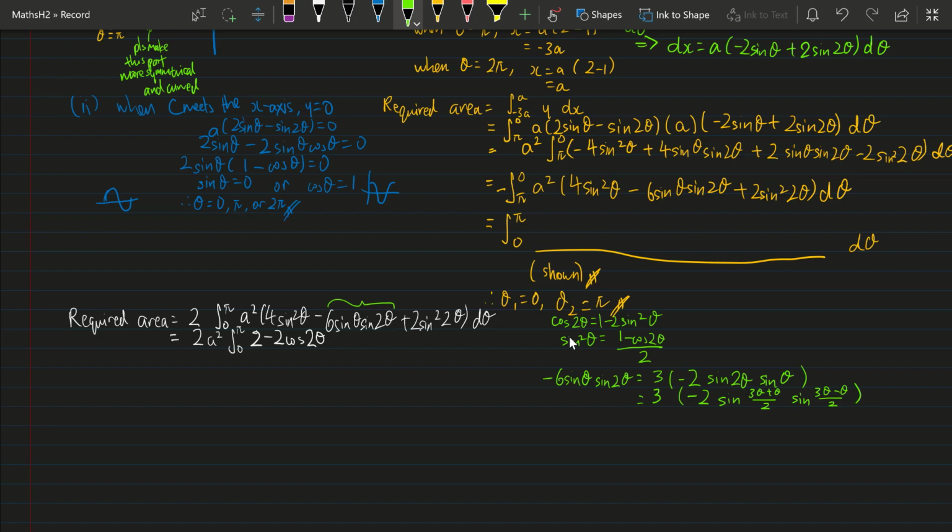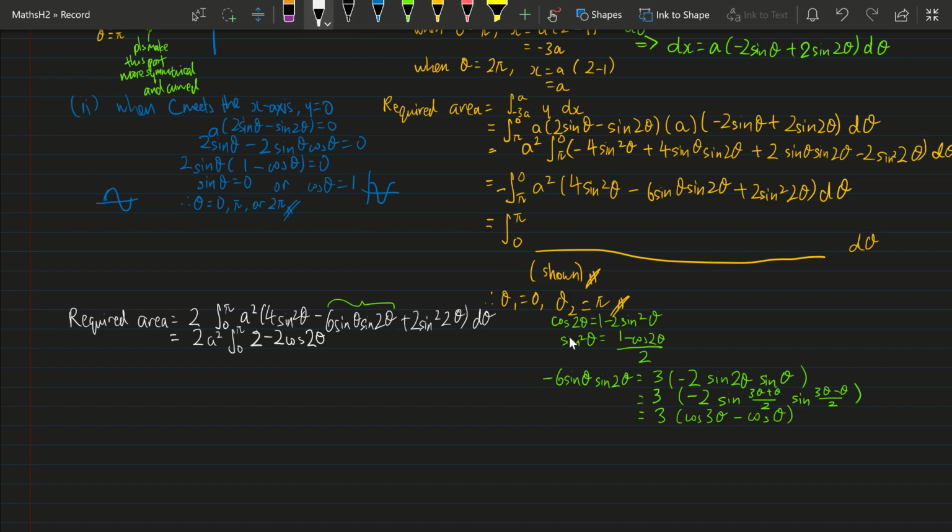You realize that in the right hand side you get p plus q over 2, and p minus q over 2, which means the result is cosine 3 theta subtract cosine theta. Okay, so we have changed this negative 6 sine theta sine 2 theta into something that we can actually integrate.